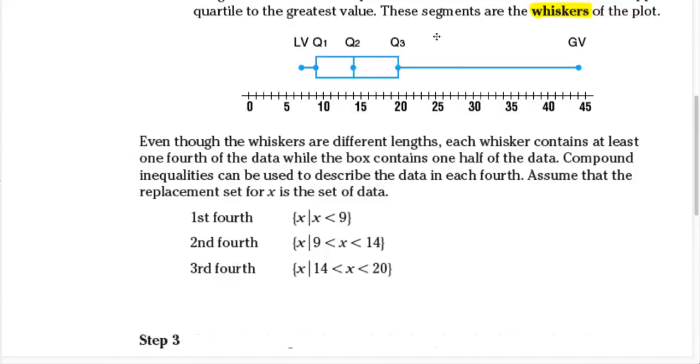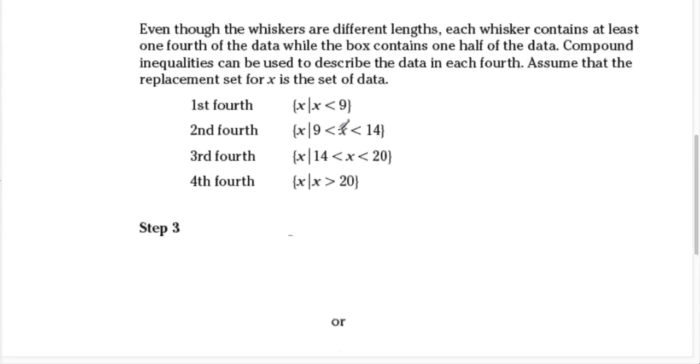So this is our first fourth. Let me write down: this is our first fourth, this is our second fourth, this is our third fourth. And our fourth fourth would be X such that X is greater than 20. So this is our fourth fourth. That's how we divide our set.